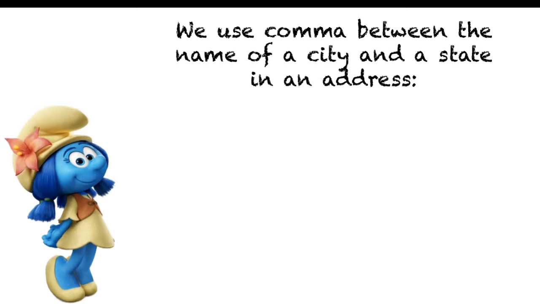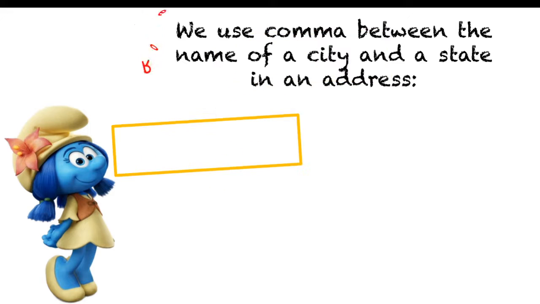We can use a comma also to separate the city and the state in addresses, but the thing with addresses in the United States is that sometimes they write the address with 3 parts and sometimes with only 2 parts. This address has 3 parts.